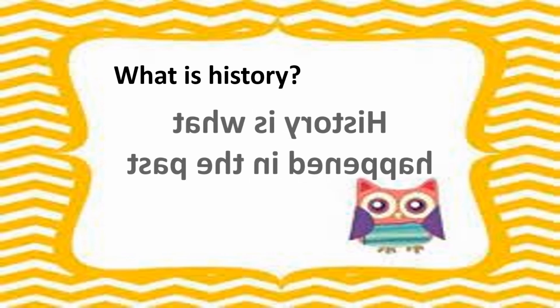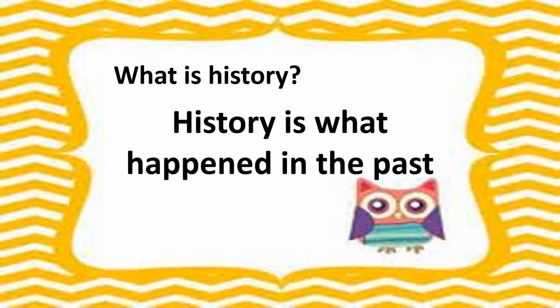Now let us proceed to our discussion. What is history? When we say history, it is what happened in the past. Can you read one more time? History is what happened in the past.